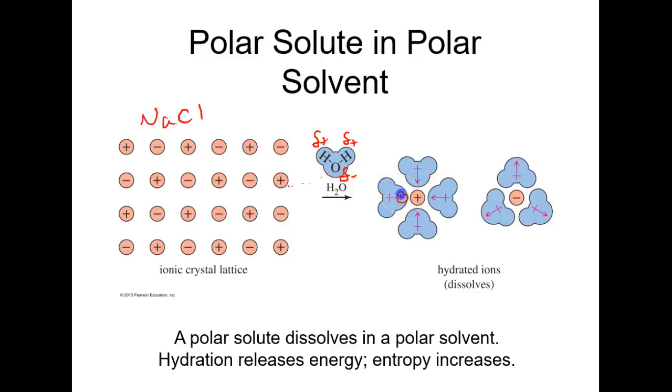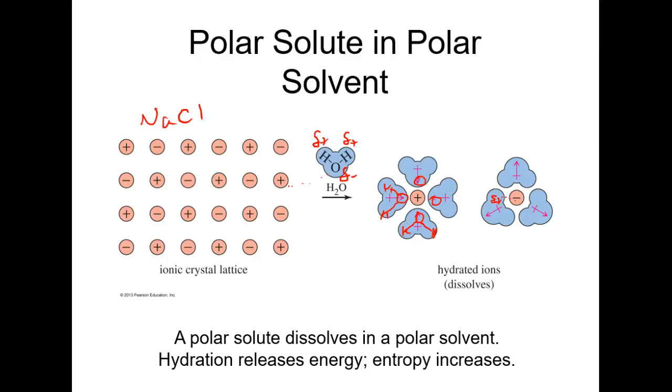If these are your oxygen molecules, these kind of look like Mickey Mouse molecules, but imagine that's water. Your partial negatives attract to your positives, and your partially positive hydrogens are attracted towards your negatives. So a polar solute dissolves in polar solvents. The hydration releases energy, and your entropy increases.